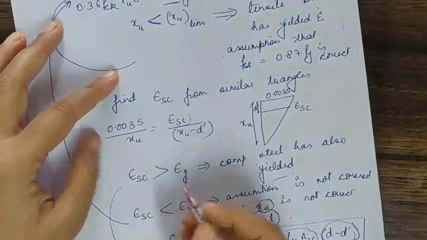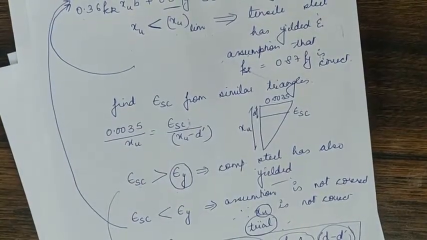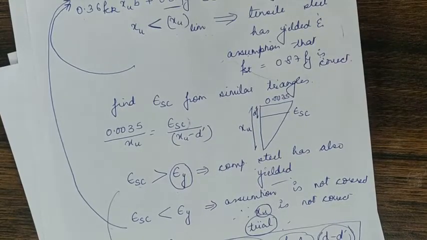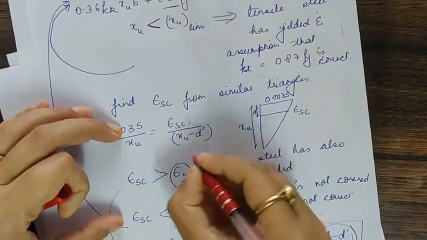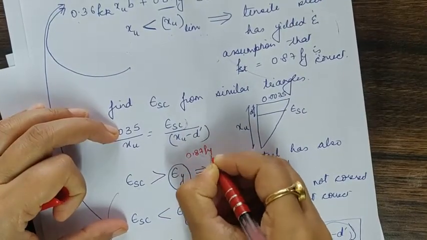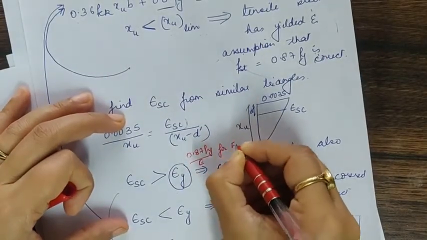Now, the only thing that I do not know over here is how to calculate epsilon Y. How much is the value of epsilon Y? I have already told you in the code that this epsilon Y is taken as 0.87 Fy upon E for Fe250.